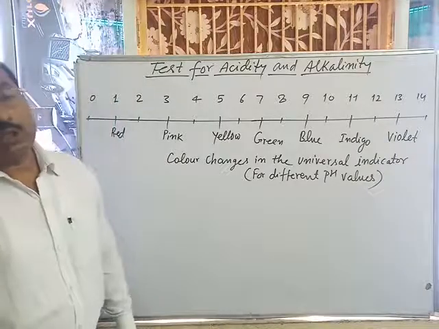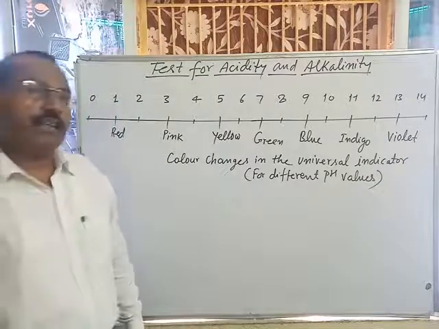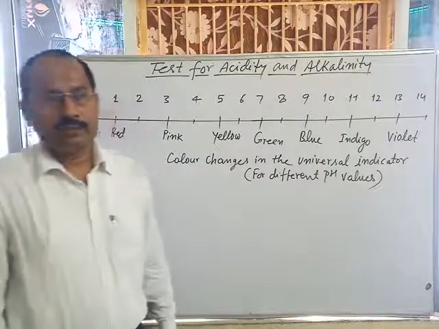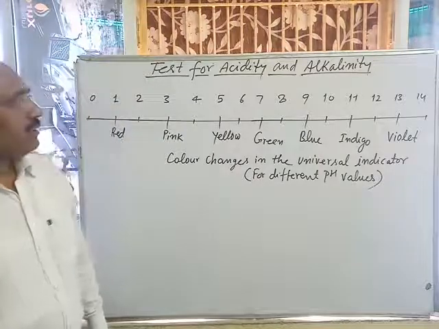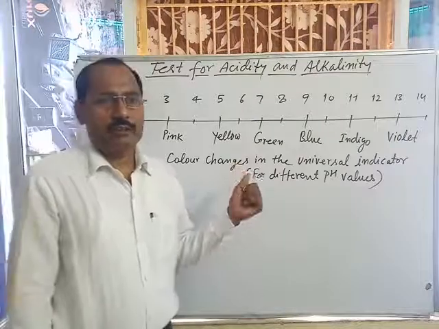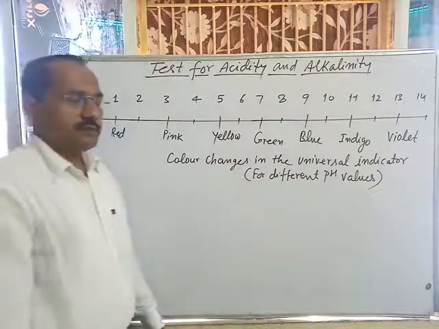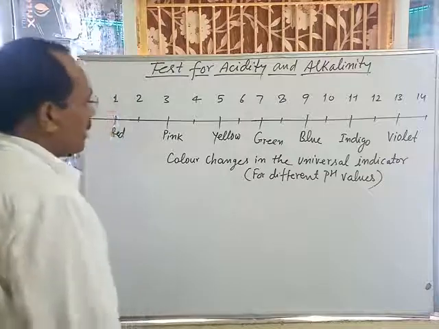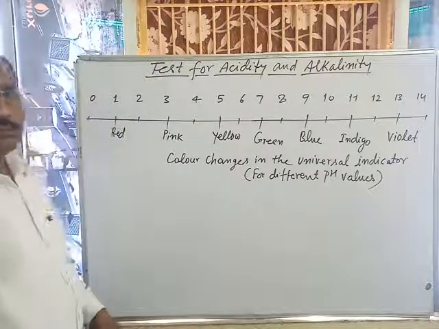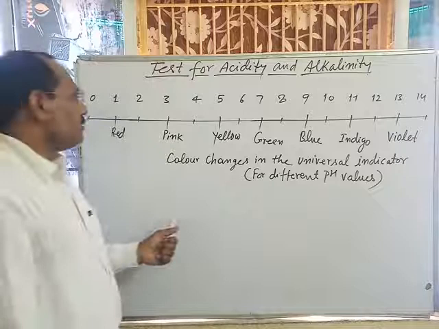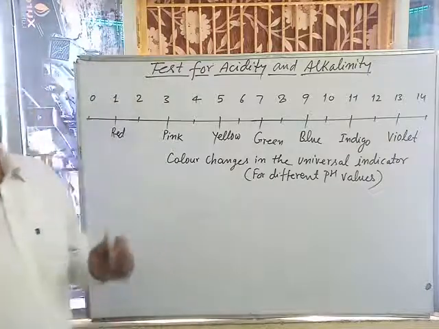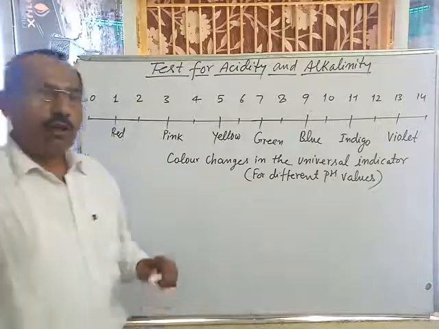And a solution is said to be basic or alkaline when it contains hydroxide ion, or when it turns red litmus blue. It means the acidic and basic nature of a solution depends on the presence of hydronium ion or hydroxide ion in solution.